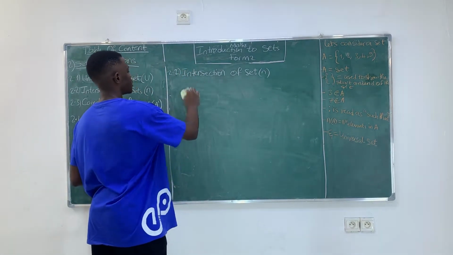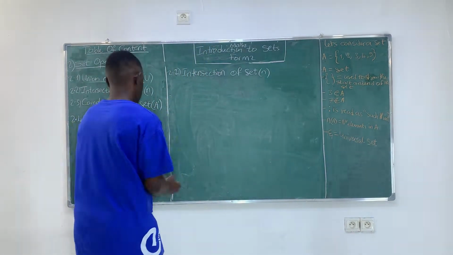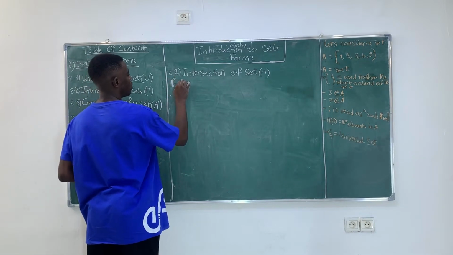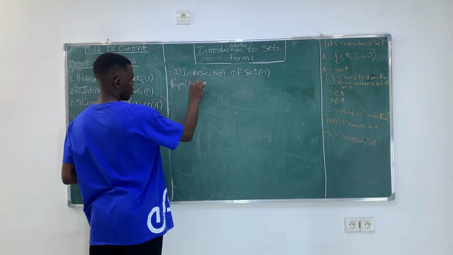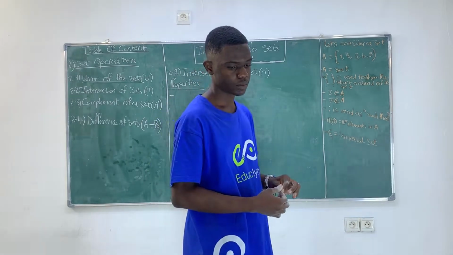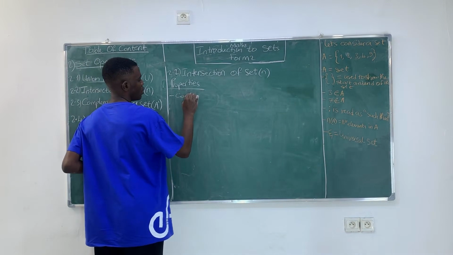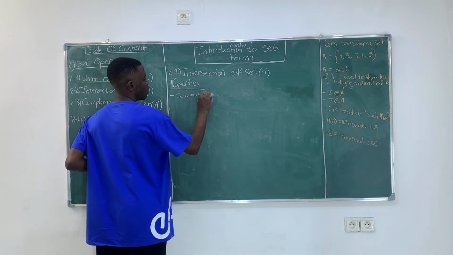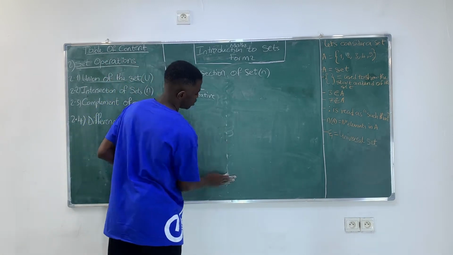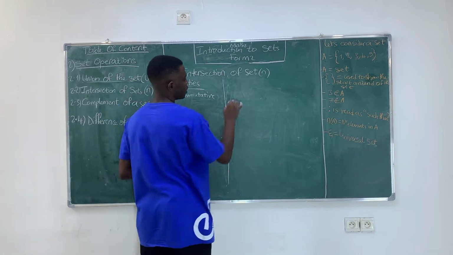So now, properties of intersection. The first property is commutativity. What does this mean?